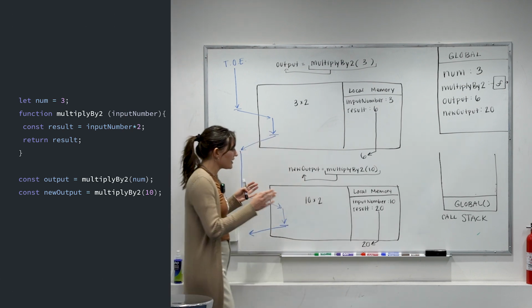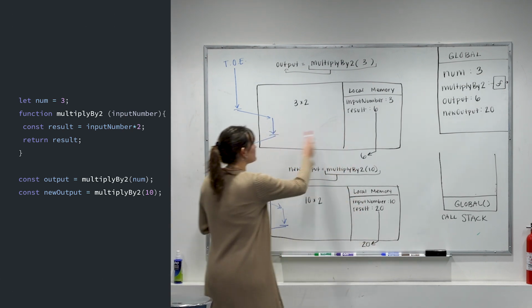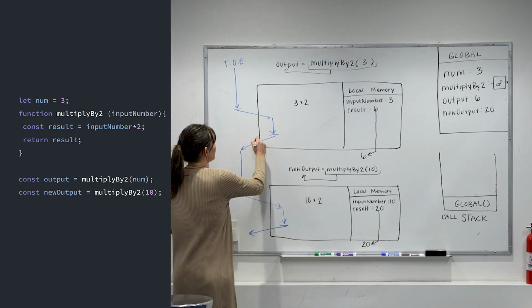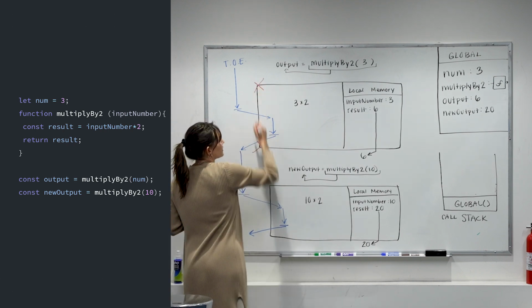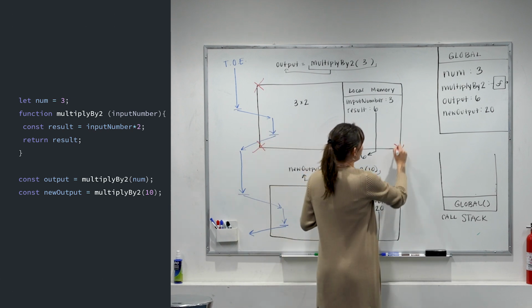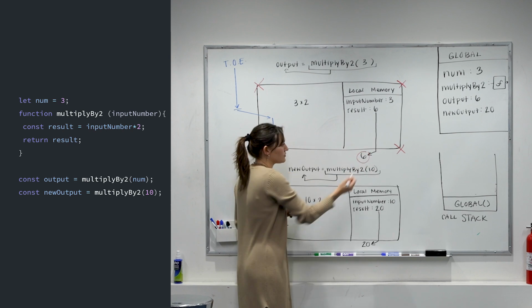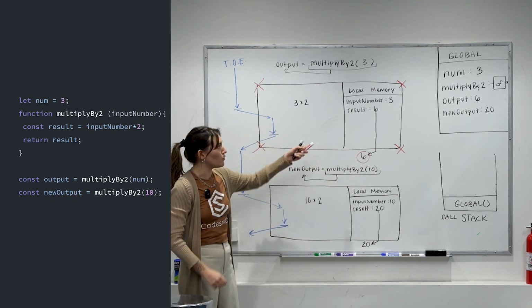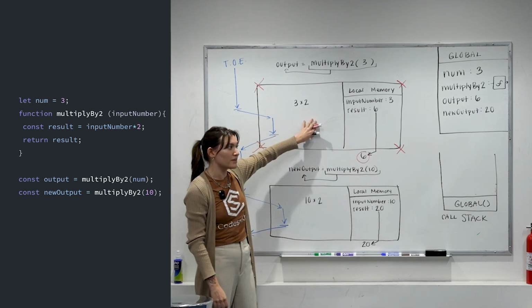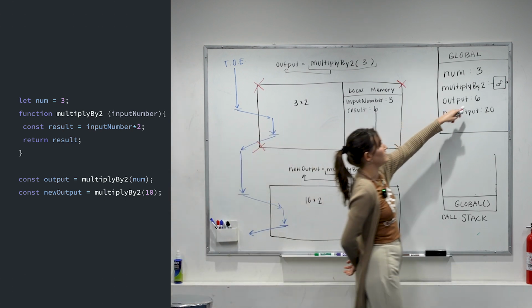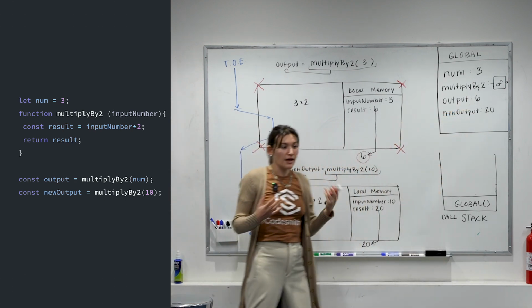So every time that we leave this execution context, everything that happened inside of here will be gone. And the only thing that remains is this value of 6. That's because we returned that value from this function and we stored it in this variable output over here.